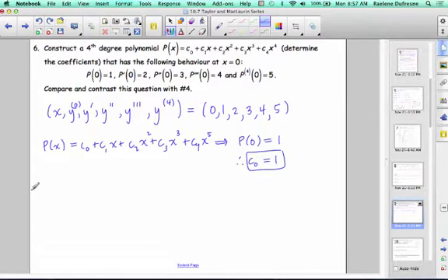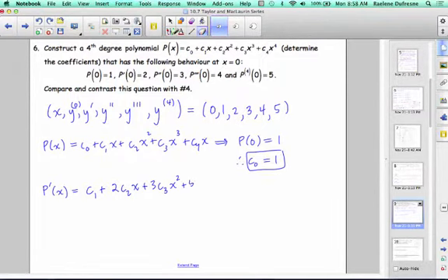I'm going to do the second one, then turn off the video, and you can check all of the rest of the solving beyond that. The next thing we need to do then is come up with an equation that allows us to substitute into p prime. So we need the first derivative of p at x, which is going to be c1 plus 2c2 times x plus 3c3 times x squared plus, that should be x to the 3, plus 4c4 x to the 3.